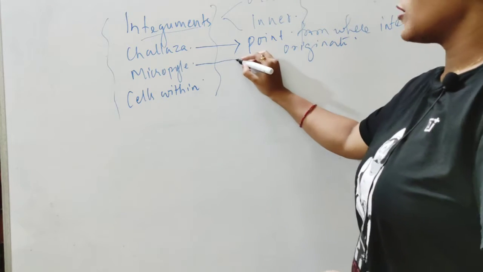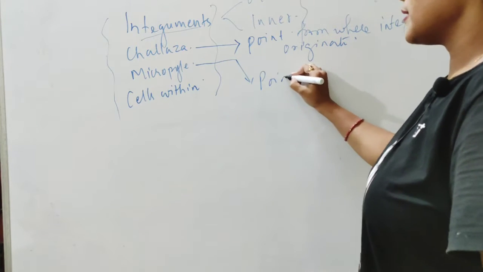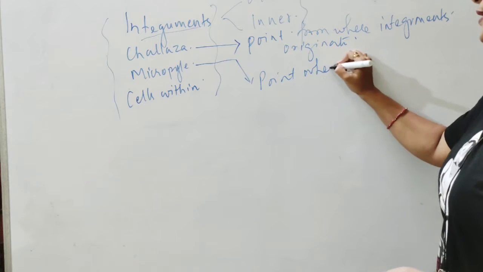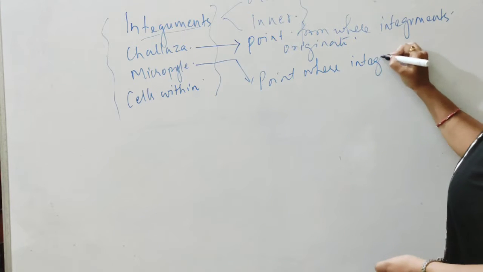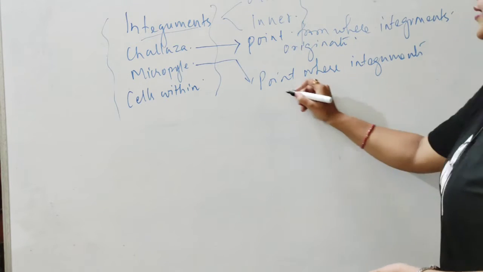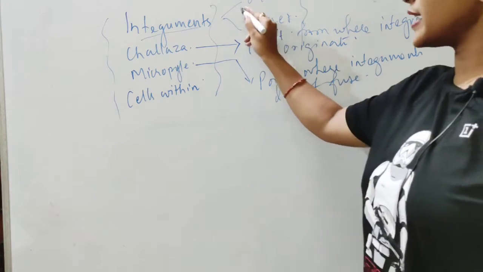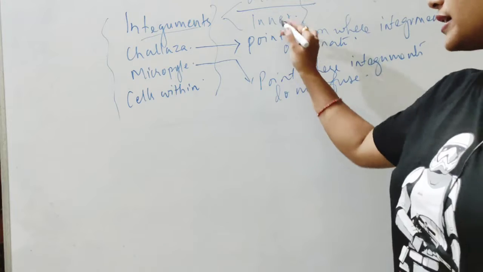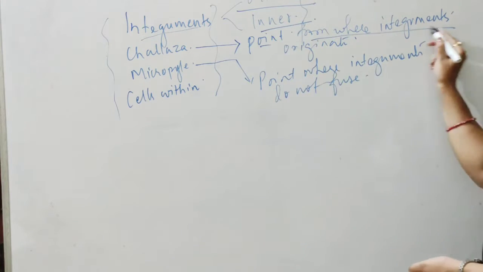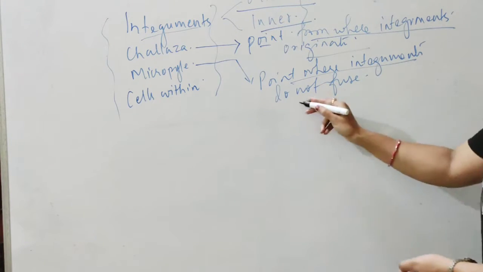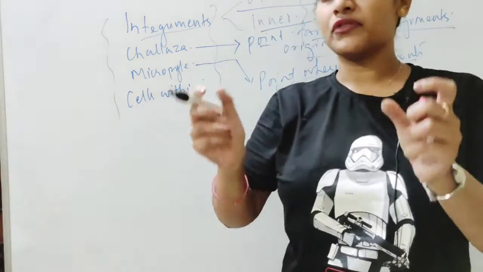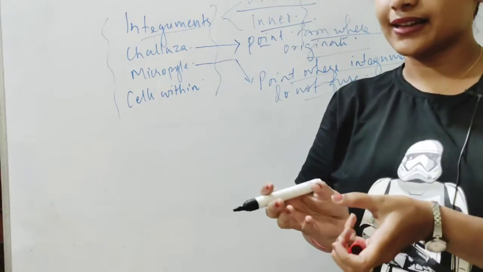Now talking about the micropyle, it is the point where integuments do not fuse. So if integuments provide protection and originate from the chalaza, this is the place where they do not fuse, meaning they do not form a single layer.